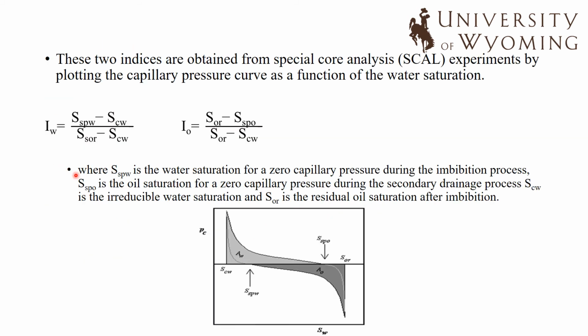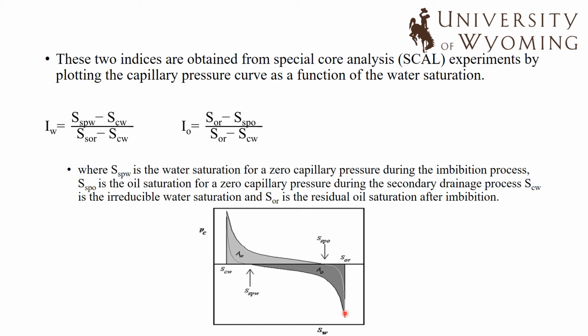So the water index and oil index, how do we get them? Let's imagine this is our capillary pressure versus water saturation curve, and this point is our initial point. Imagine that capillary pressure is negative at this point, and we have residual oil saturation, and the core is full of water and a little bit of oil.